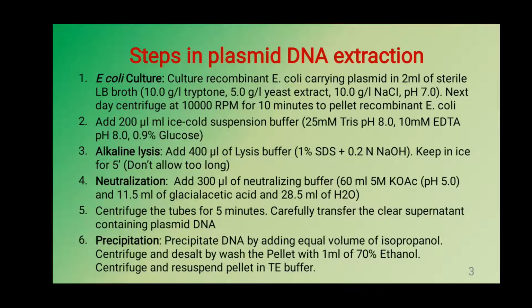Once the lysis is completed, we neutralize with an acidic pH buffer generally consisting of 5 molar potassium acetate and glacial acetic acid. Once neutralized, it is subjected to centrifugation. The high density organic debris and cell organelles are pelleted, and the supernatant containing the plasmid is used for precipitating and purifying the plasmid DNA.